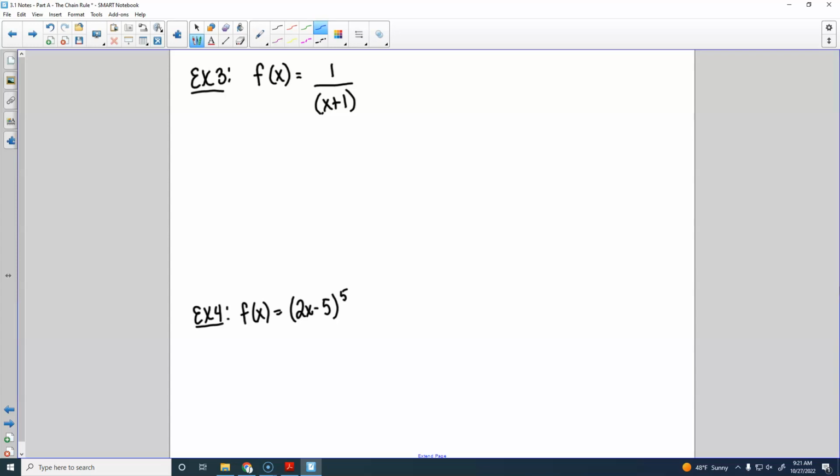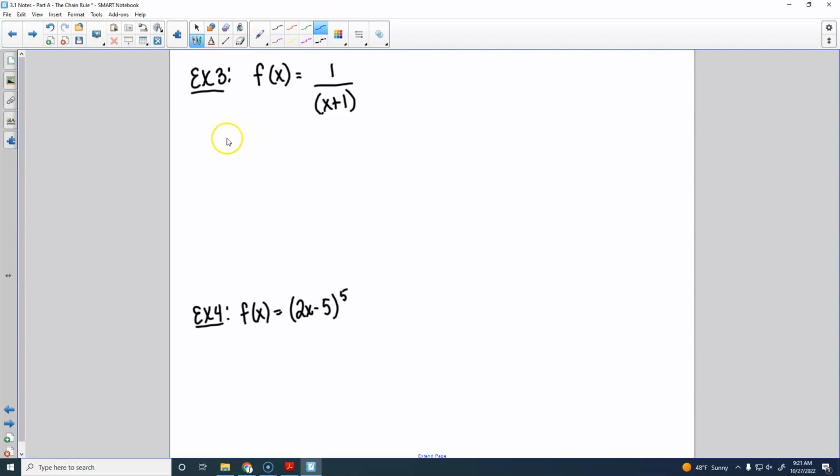All right, now, example 3, we already know how to take the derivative of that. What could we use before we knew chain rule? We could use quotient rule. So I want to do this both ways so you can see the difference, and then we'll try to convince you that chain rule is better on this one.